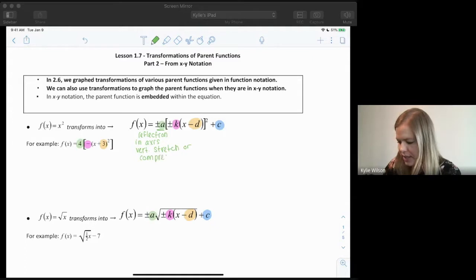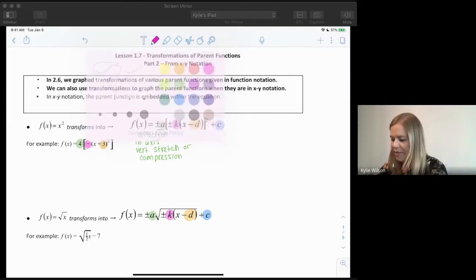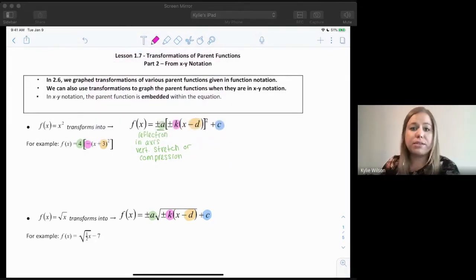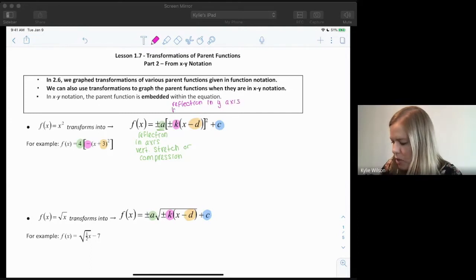This is the stuff that you should have had in the last lesson. Then we also have our K, and our K is responsible for a reflection in the y-axis, and then a horizontal stretch or compression.